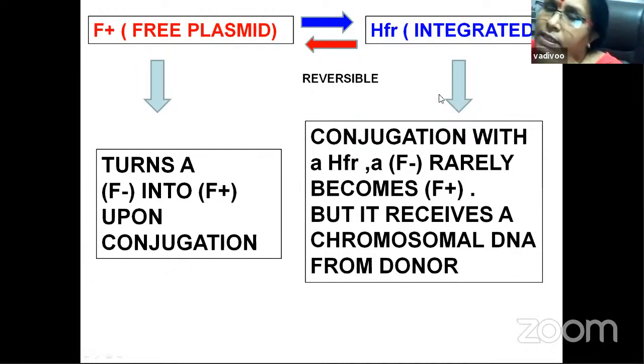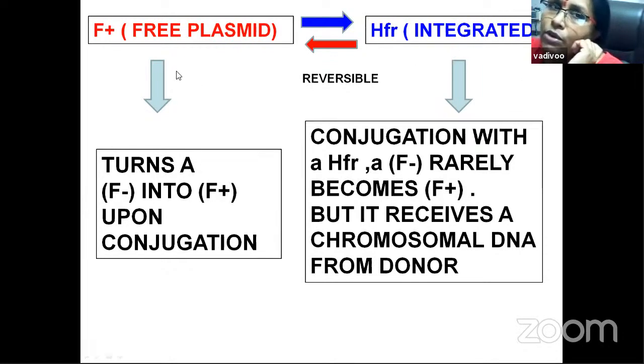HFR is in an integrated state. In conjugation with an HFR, F minus rarely becomes F plus. It doesn't necessarily become F plus, but it receives chromosomal DNA from the donor. This is the difference between simple conjugation and HFR conjugation.